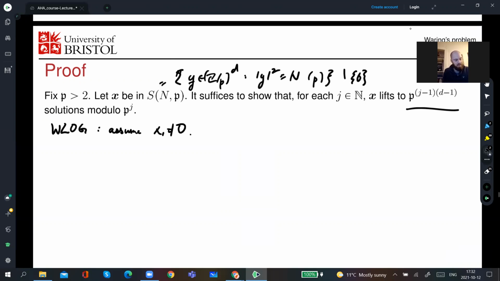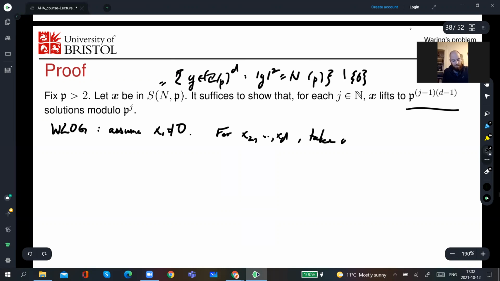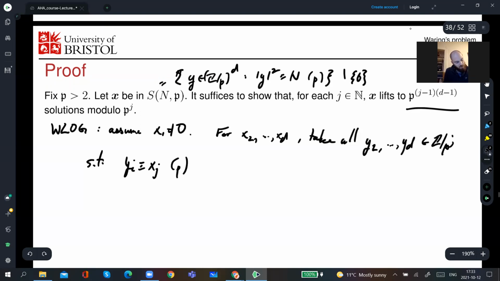Then for x2 through xd, I'm going to take all y2 through yd in Z mod p to the j such that yi is congruent to xi mod p.